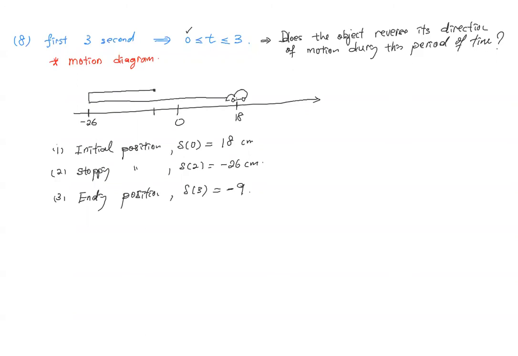Here is -9. Correct? So the total distance traveled will be 18, 26, 26 minus 9.